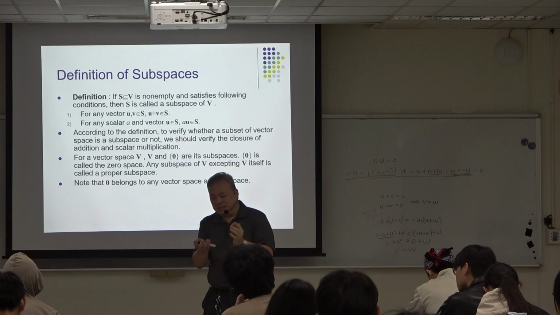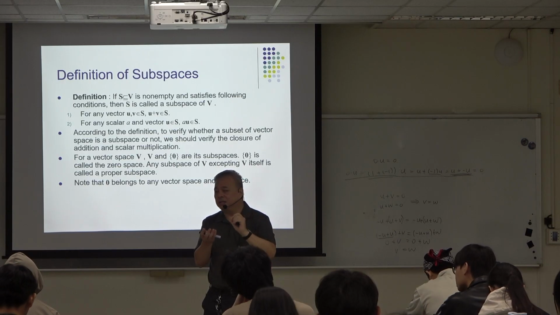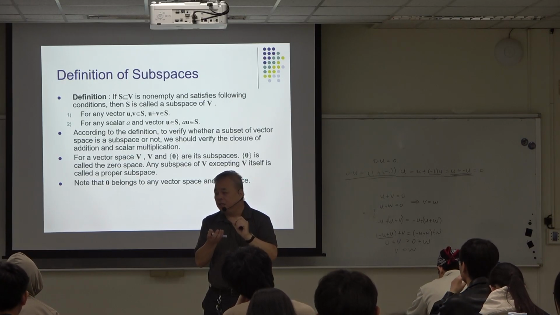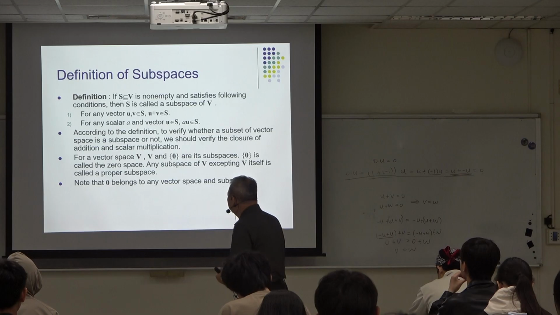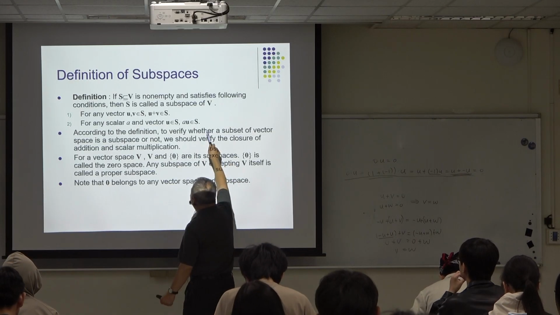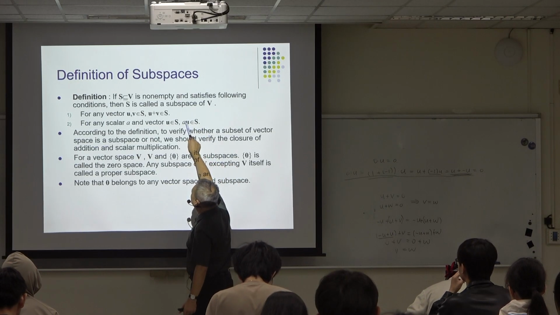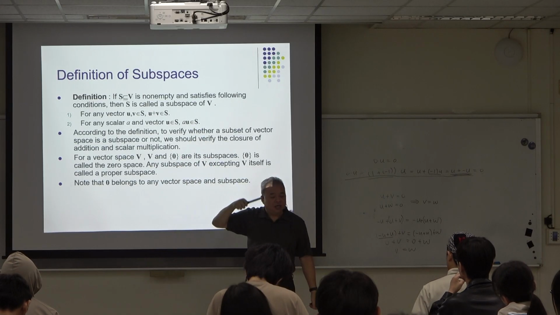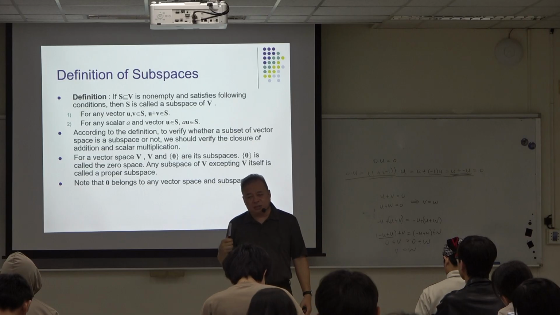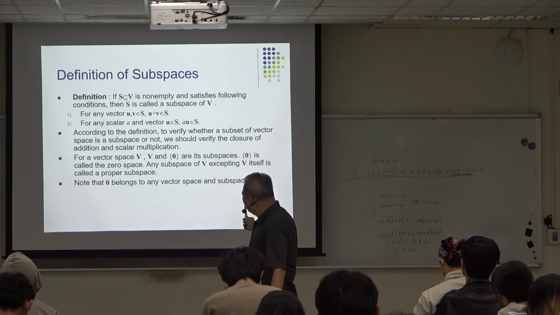I multiply this element by a zero scalar. We end up with a zero vector, right? So according to these two conditions, this 0 times u has to be in S, right? So in other words, the zero vector has to be in any subspace.